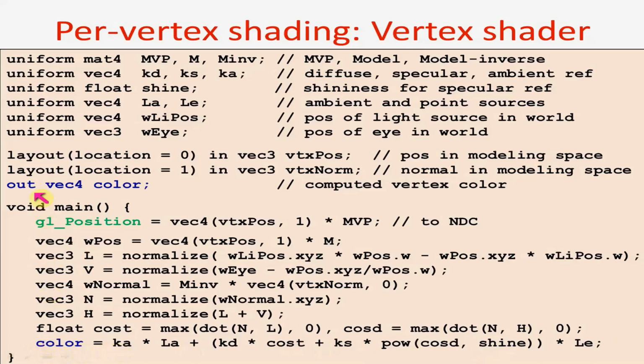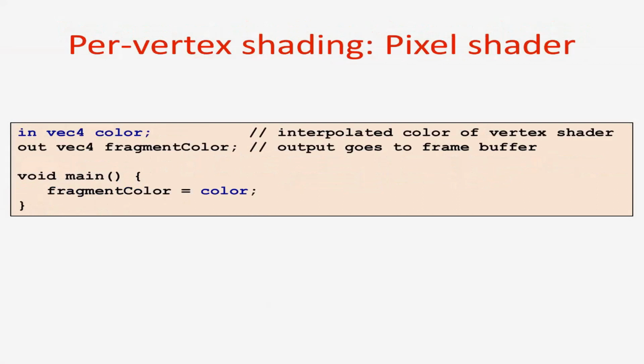This reflected color is an output variable of the shader. The fixed function elements interpolate the color variable for internal pixels, which is written into the frame buffer without any modification in the pixel shader.